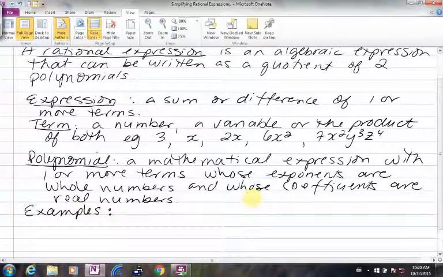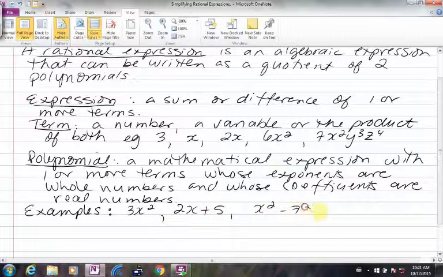Okay, so a polynomial can be as simple as 3x squared. We call that a monomial, right? Could be 2x plus 5. It could be x squared minus 7x plus 12. It could be 6x squared minus 4y squared, and so on. Those are all polynomials. Okay?